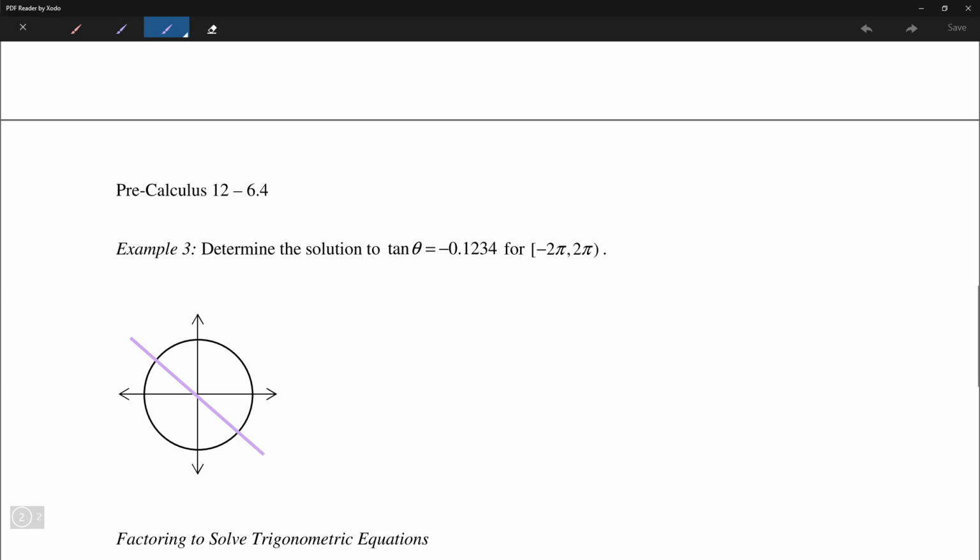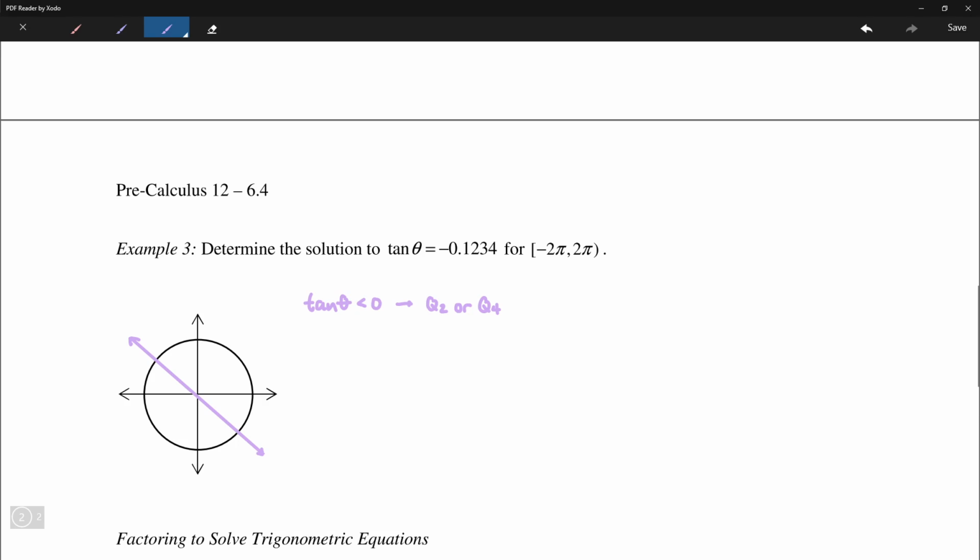Okay, that's the first step. So to summarize here, tangent theta is less than 0, which means this is going to be in quadrants 2 or 4, so that's what the diagram is showing.